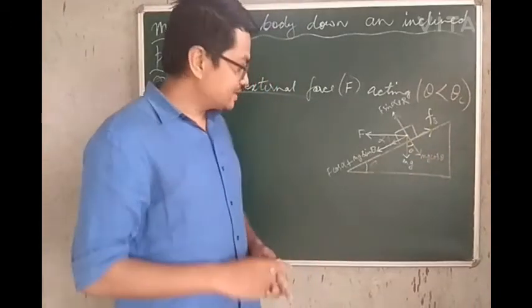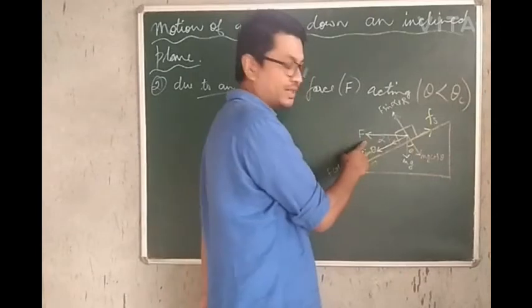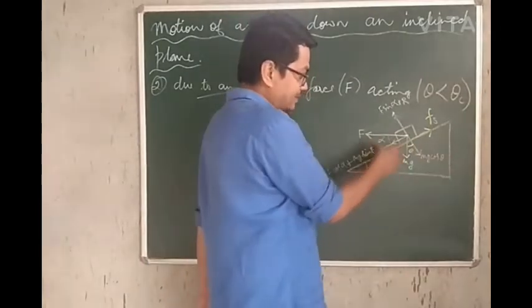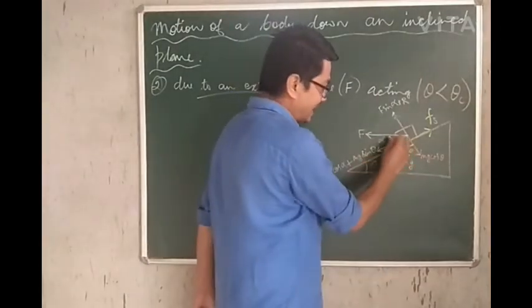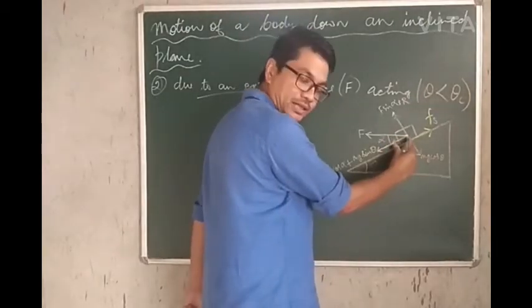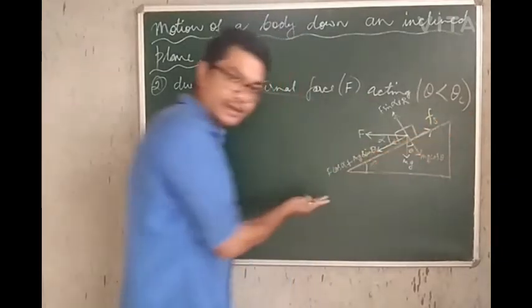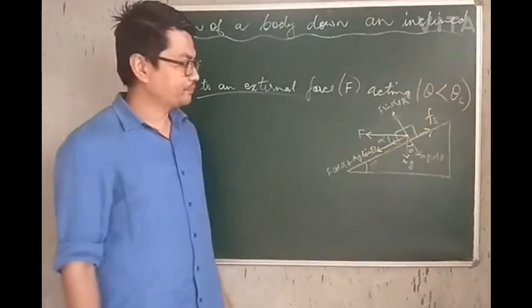So let us consider a force F acting along the horizontal as shown in the picture. And this force F is acting at an angle alpha with respect to mg sine theta, or we can also say it is acting at an angle alpha with respect to the inclined plane itself.